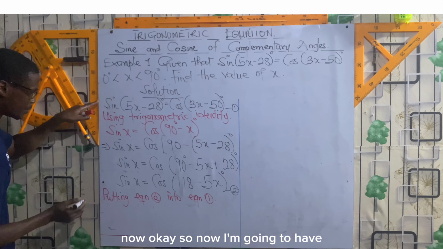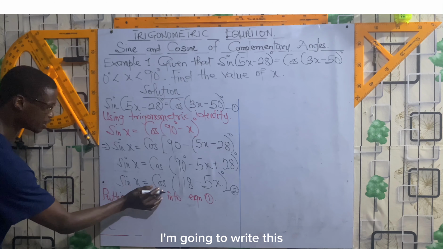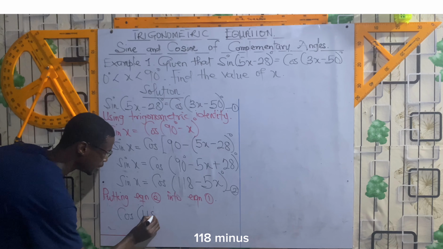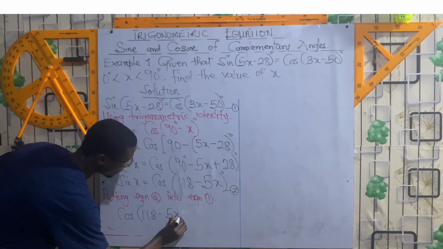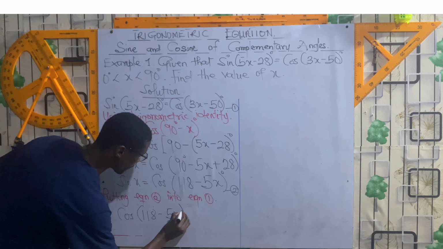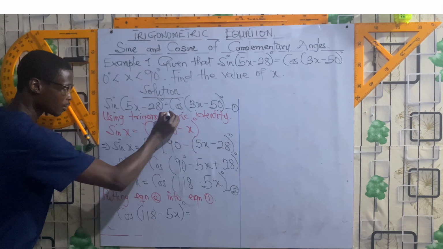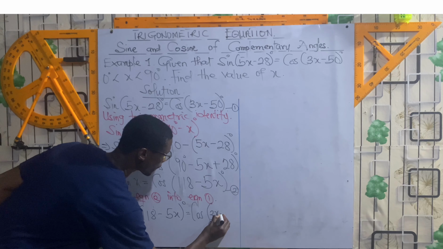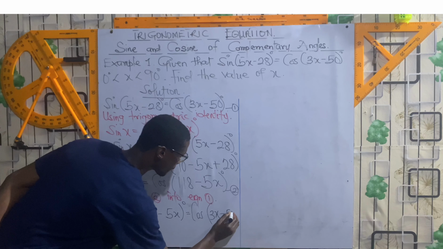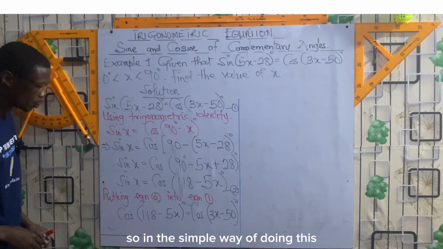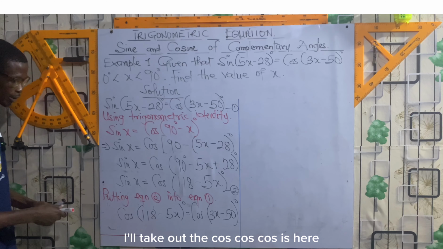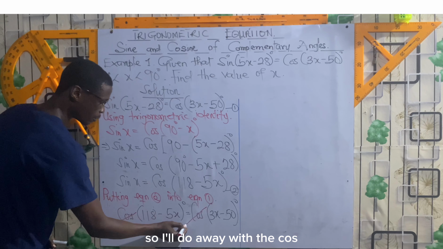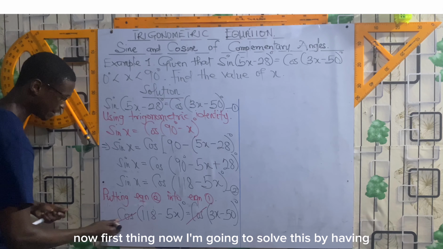So instead of the sine, I'm going to have cos (118 minus ...) equals cos (3x minus 50). In a simple way of doing this, I'll take out the cos, because cos is here, cos is here. They are all the same. So I'll do away with the cos now.